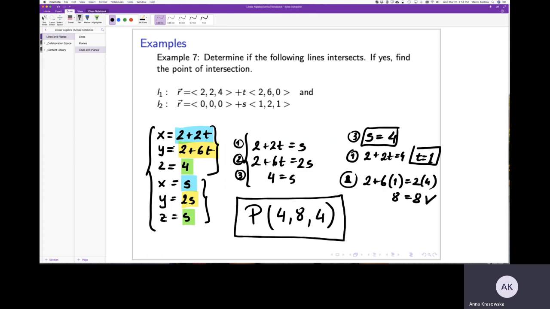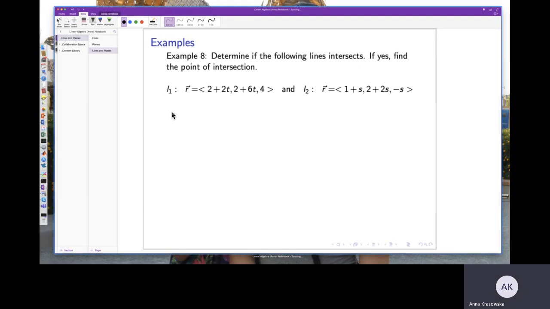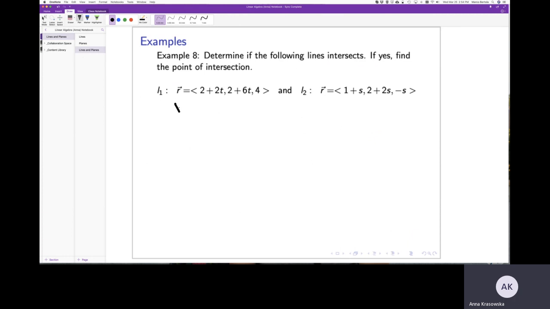And we're moving to the last example of today's class. We will again try to find the point x, y, z. x equals 2 plus 2t, y is equal to 2 plus 6t, z is equal to 4. See, I wrote that line in a slightly different form.